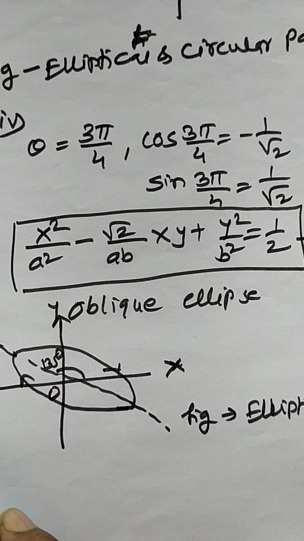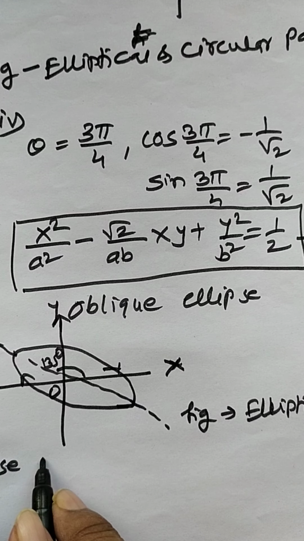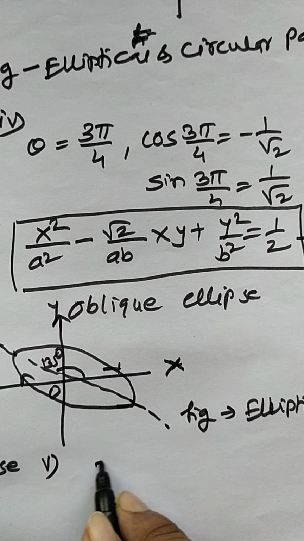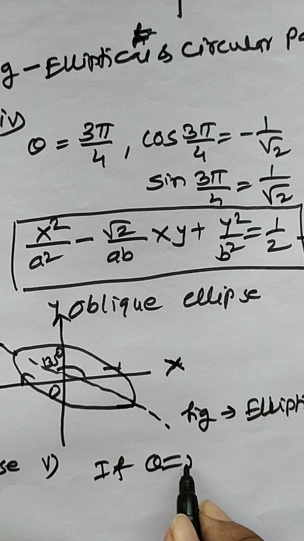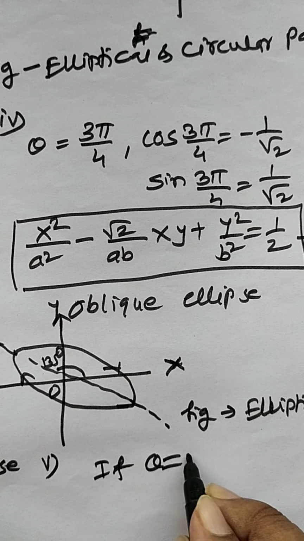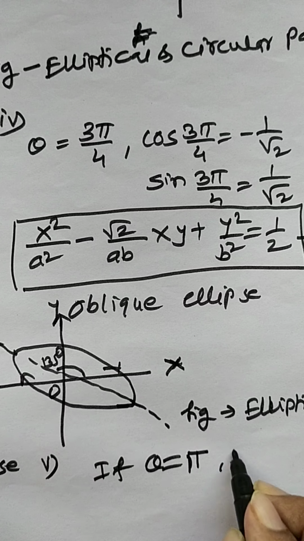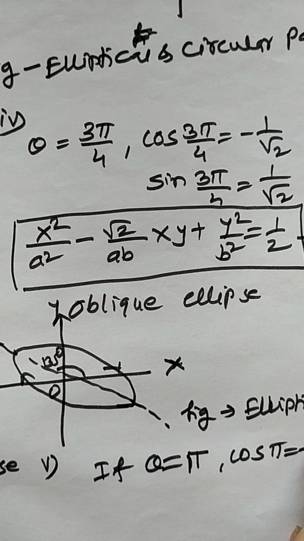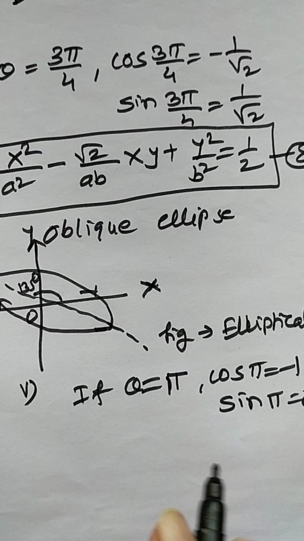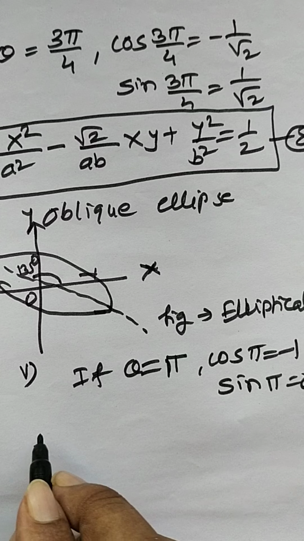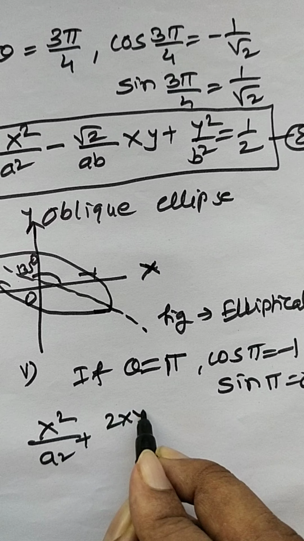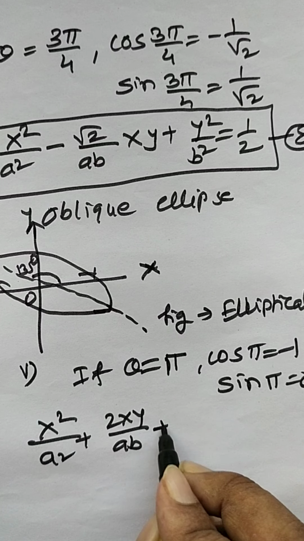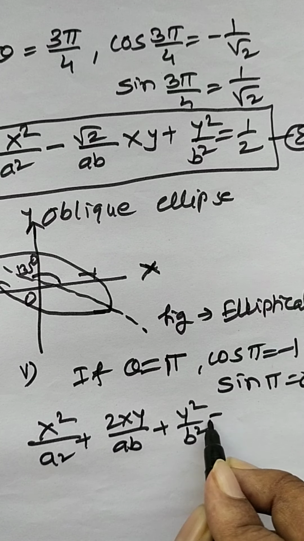And the last is the case 5. If theta is equal to pi, therefore cos pi is equal to -1 and sin pi is equal to 0. So therefore the equation 4 becomes x squared upon a squared plus 2xy upon ab plus y squared upon b squared is equal to 0.